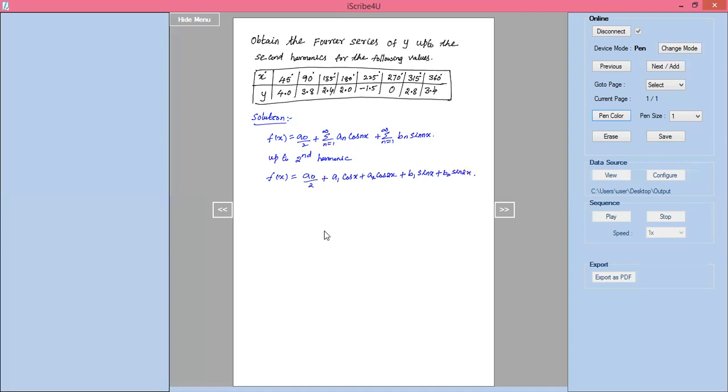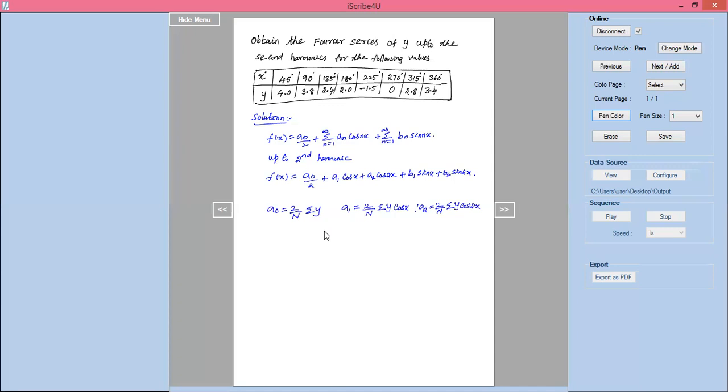This is the formula. Now, what is a naught? Already we know that a naught equal to 2 by n into summation of y. Next one should be a1 equal to 2 by n into summation of y cos x. a2 equal to 2 by n into summation of y cos 2x.